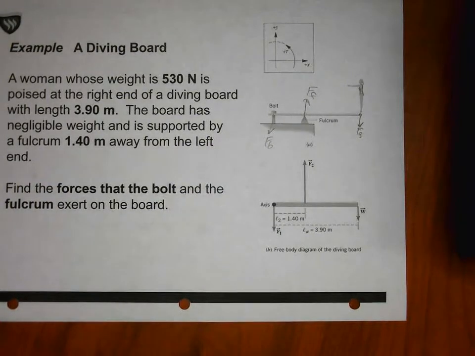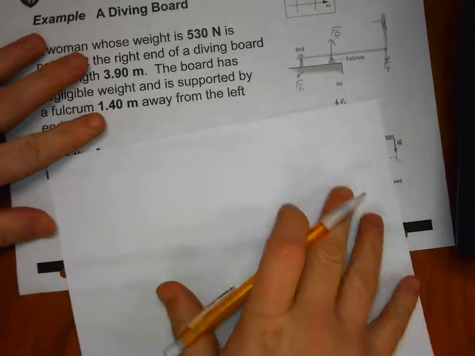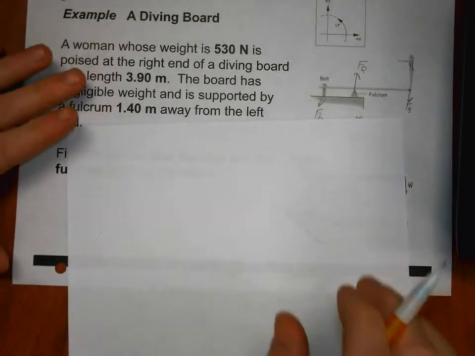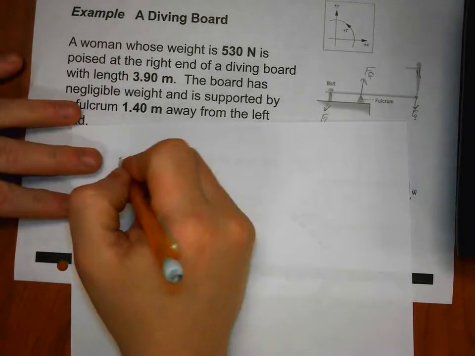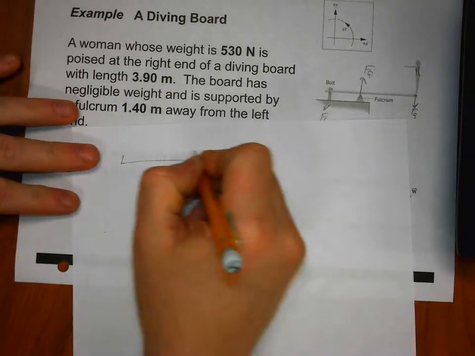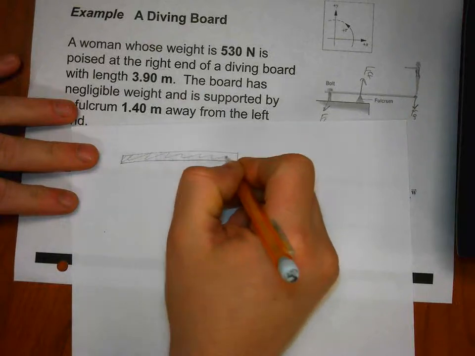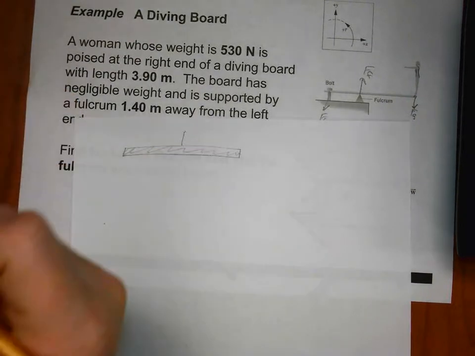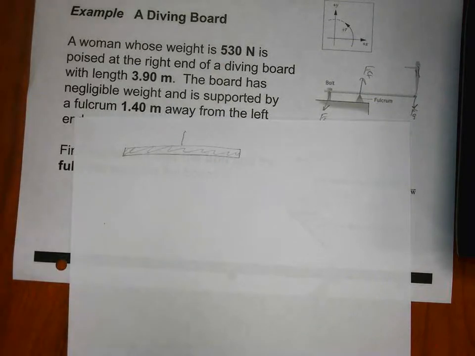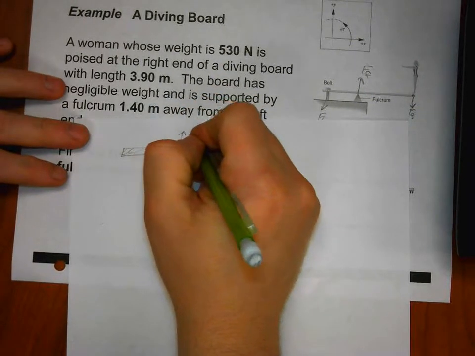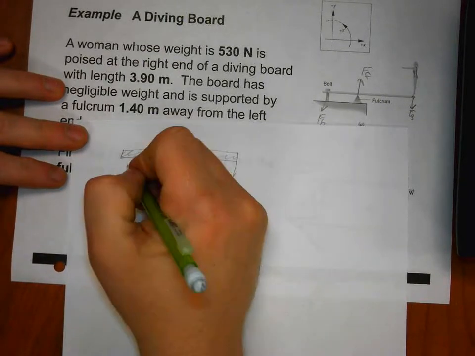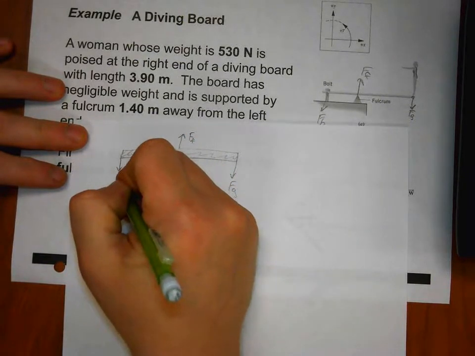Let's go ahead and redraw it on another sheet of paper so we can kind of start fresh. There's the diving board. You have the force of the fulcrum. You have the force of gravity, and you have the force of the bolt.